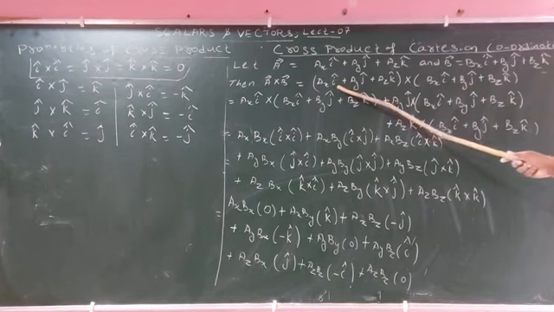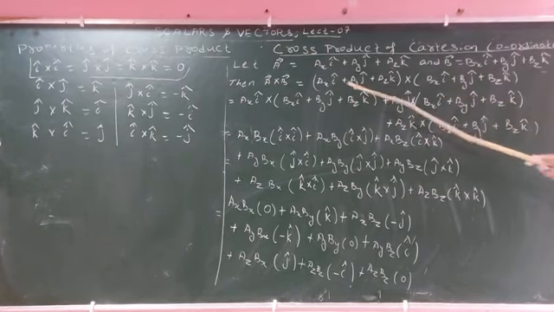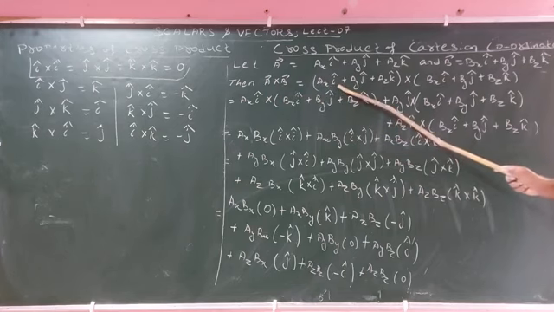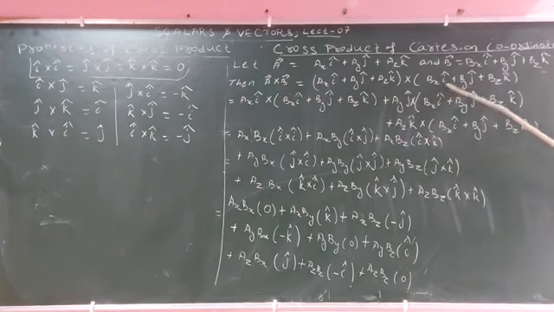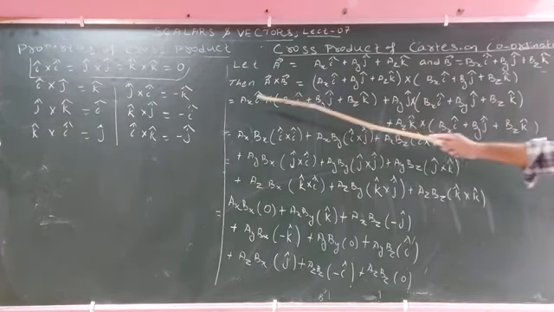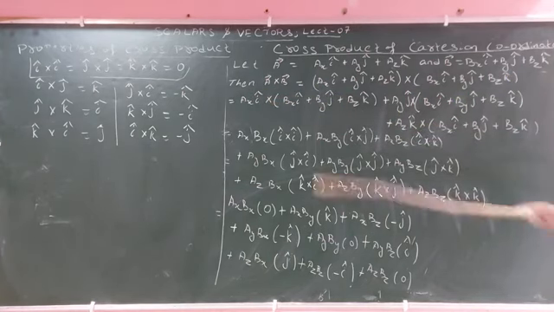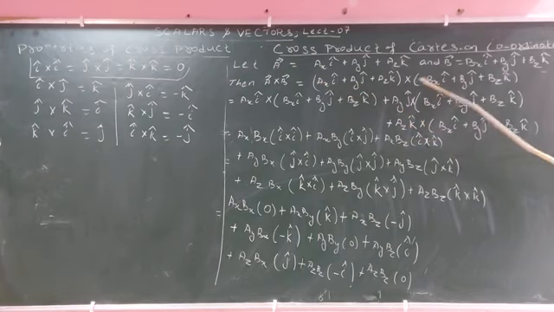ax i cap with bx i cap, so it is ax bx. Because it obeys the associative law, the ax i cap can be crossed with these three terms, and ay j cap can be crossed with these three terms, and az k cap can be crossed with these three terms.